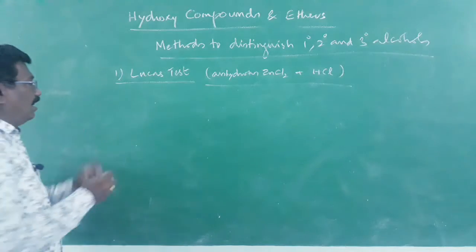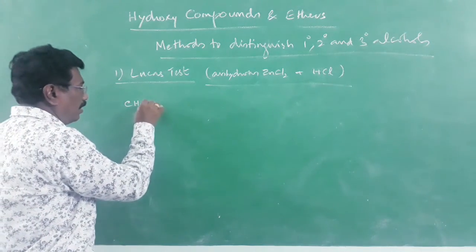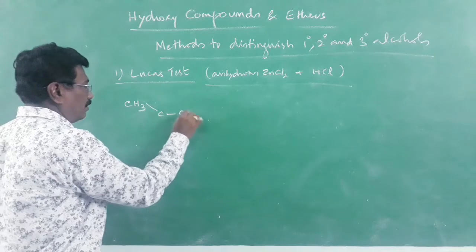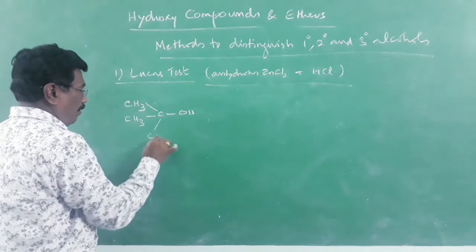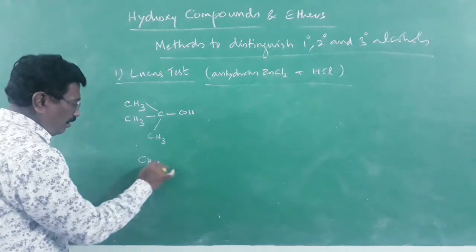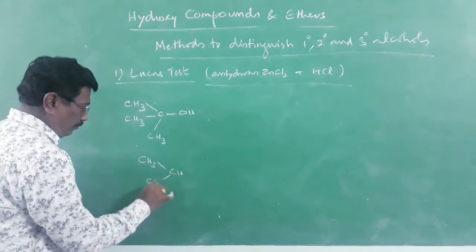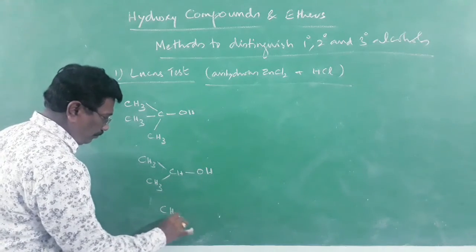When an alcohol is made to react with, say, tertiary alcohol, to start. It is a simple tertiary alcohol. And then a secondary alcohol. And then a primary alcohol.